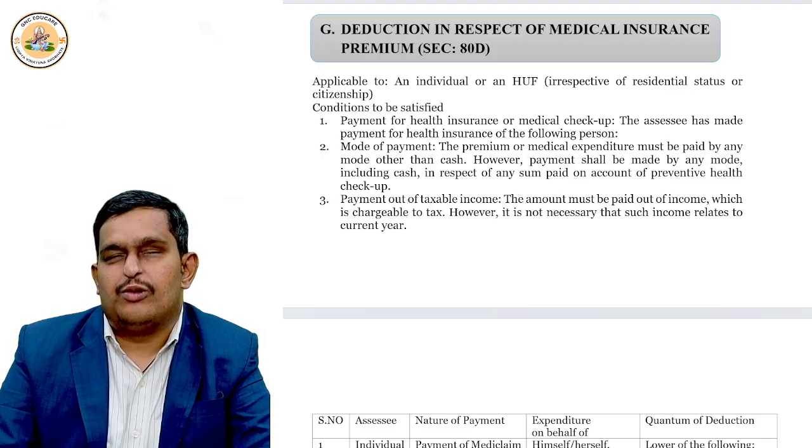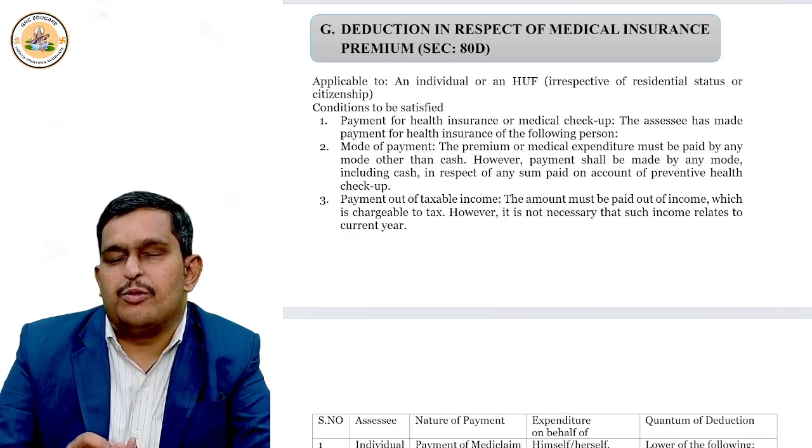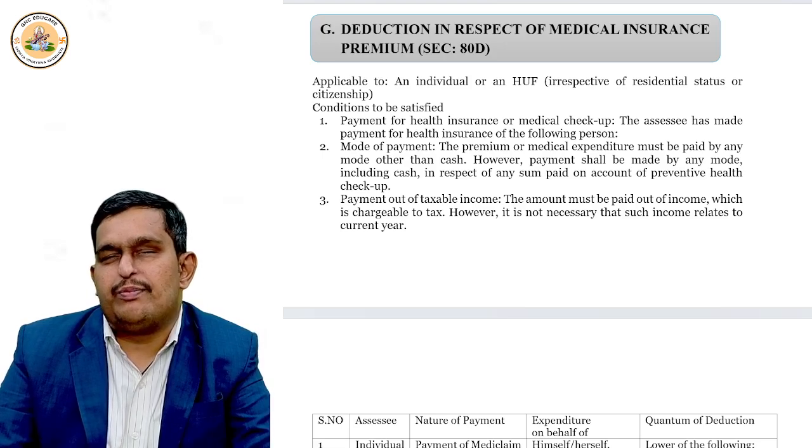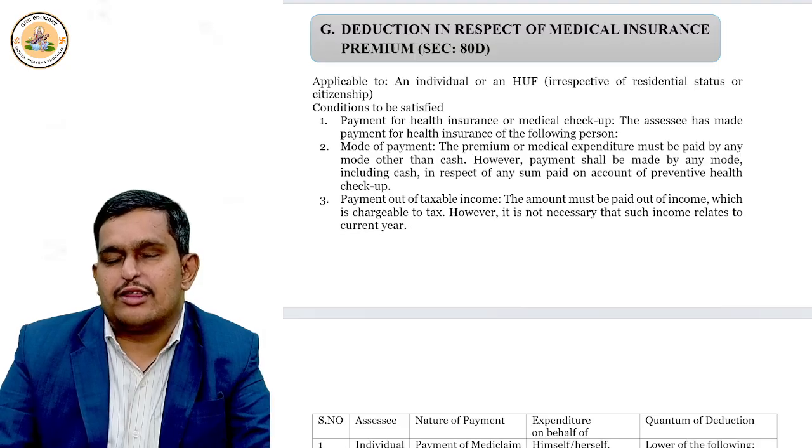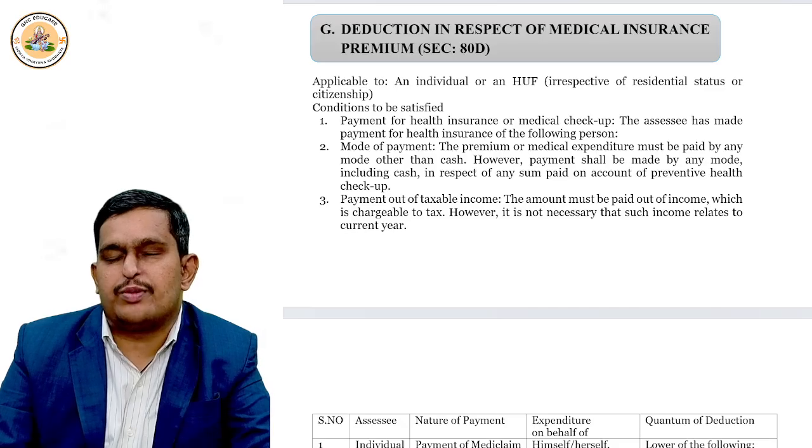Okay. Now, look, the payment must be out of your taxable income. Now, for whom will you pay? You will pay for your medical treatment, medical insurance premium, your children's medical insurance premium, your spouse's medical insurance premium, your parents' medical insurance premium.